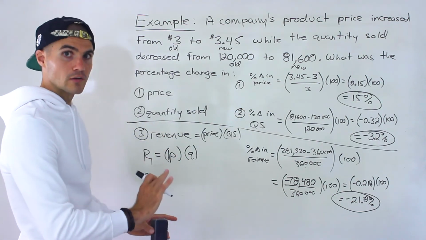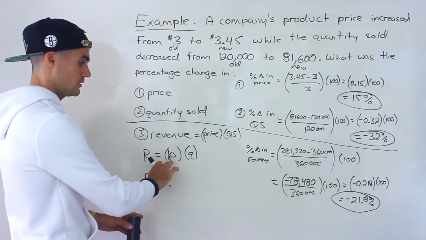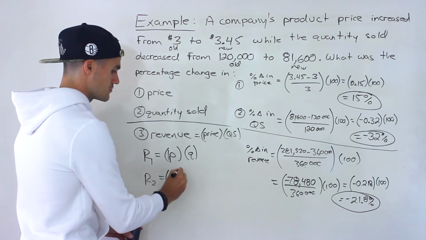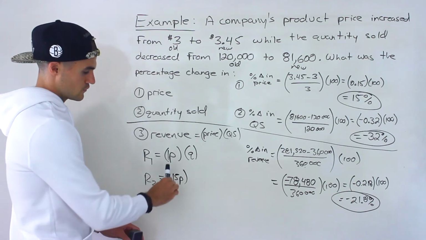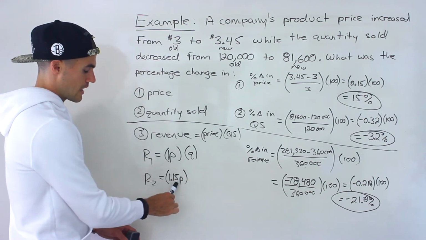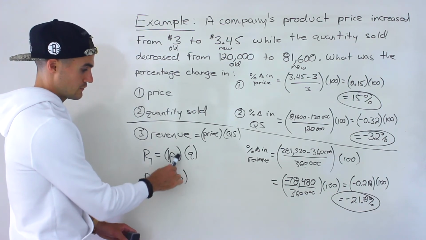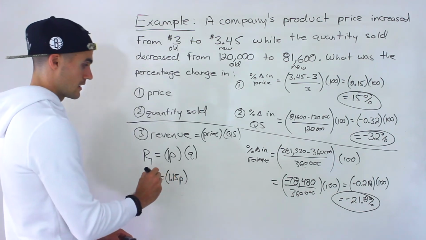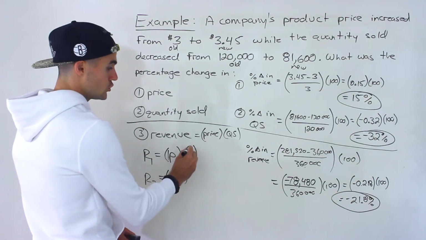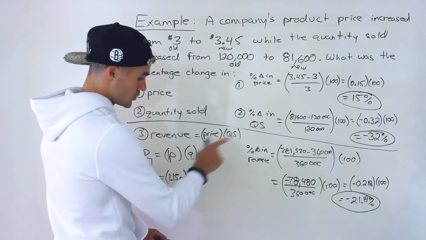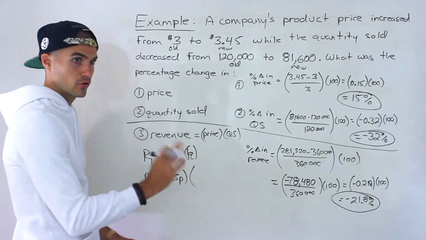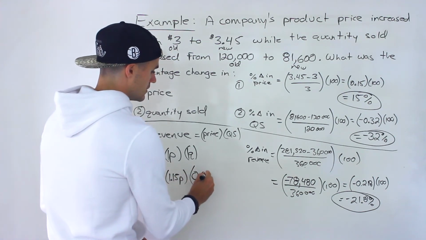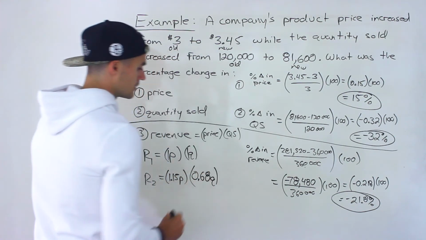It's 0.15 plus 1 would give us 1.15. And then we have a P over here. So if the initial price is P, then the new price is going to be 1.15P. Now, if the initial quantity sold is Q, what's 32% of 1? 0.32. 1 minus 0.32 would give us 0.68. And that would be Q right there.